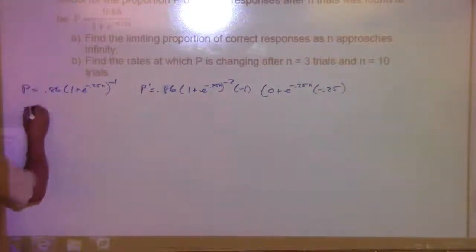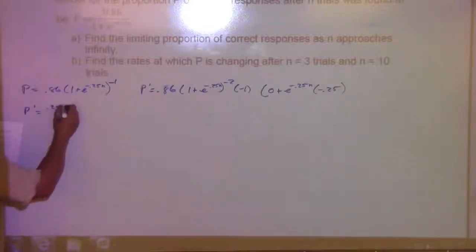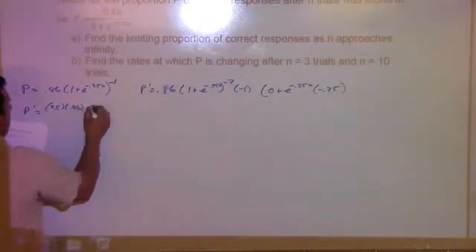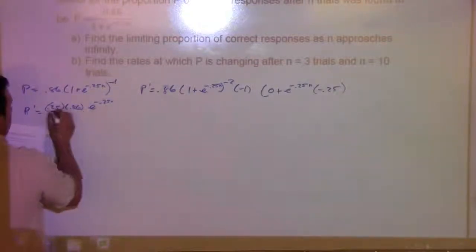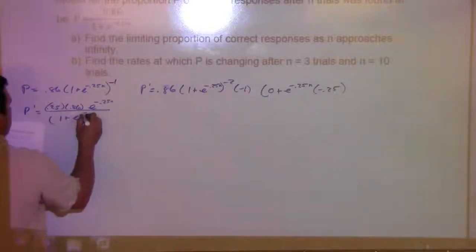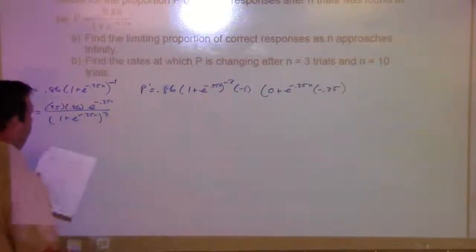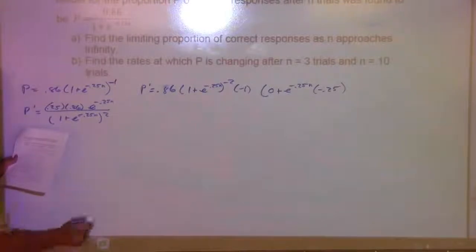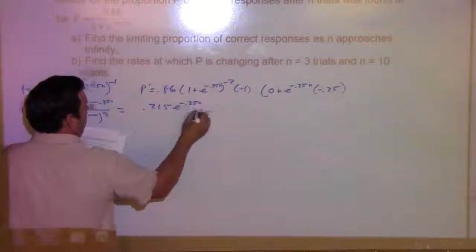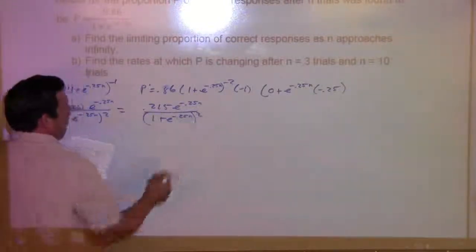So our p prime is going to be, negatives are going to cancel, 0.25 times 0.86 times e to the negative 0.25 n over 1 plus e to the negative 0.25 n squared. This works out to be 0.215 e to the negative 0.25 n over 1 plus e to the negative 0.25 n squared.